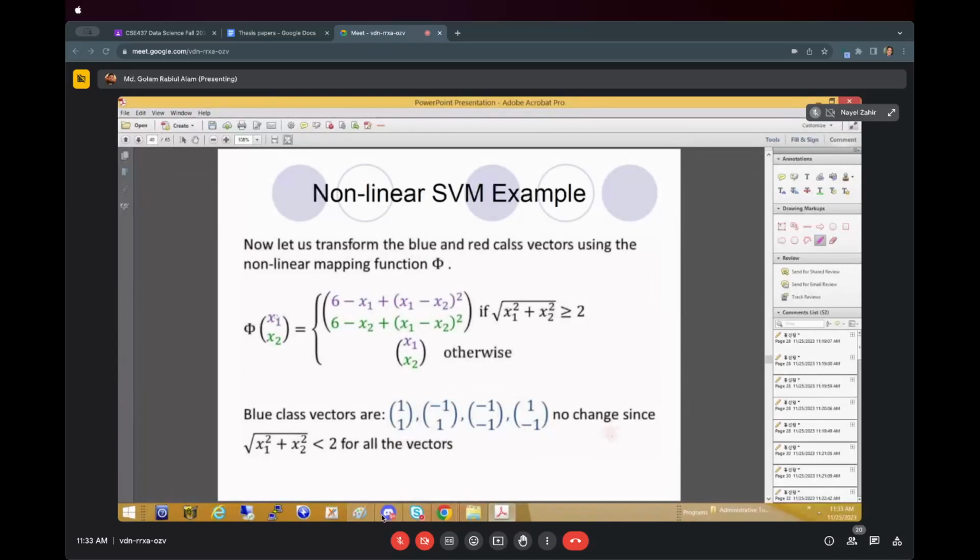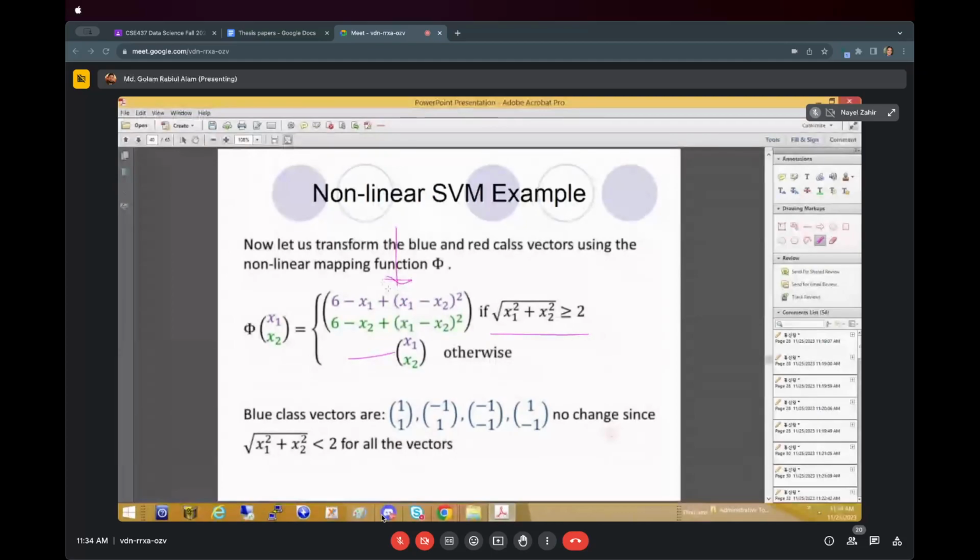If we pass x1 and x2 and this condition is true, then we will transform the values this way.